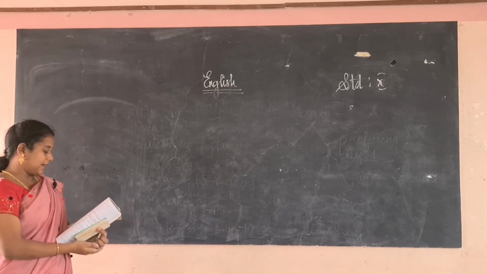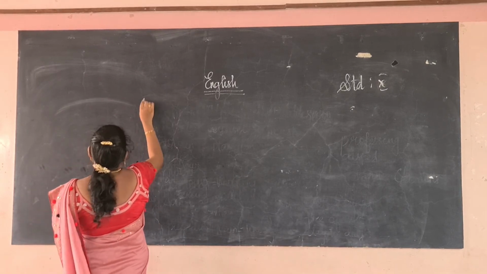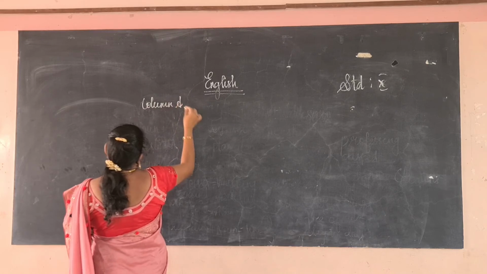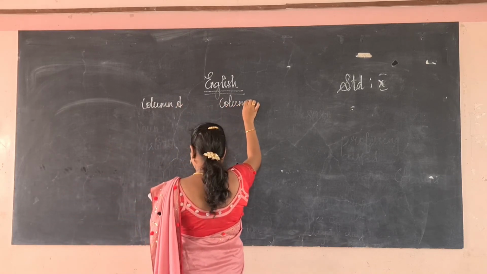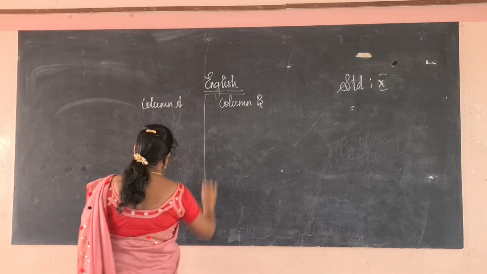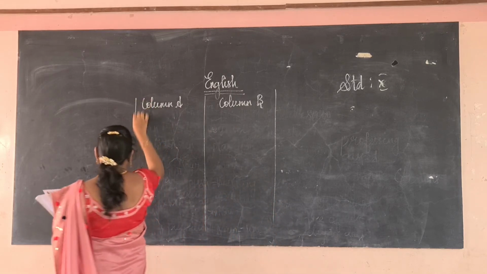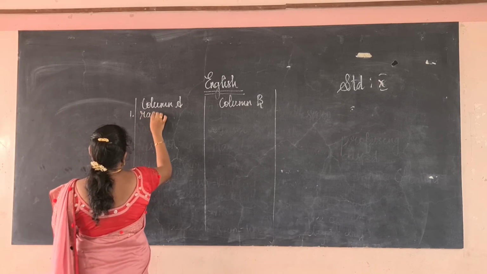In column A they had given, see, first we will fill column A, and we will write the answer there. The first one is rain.